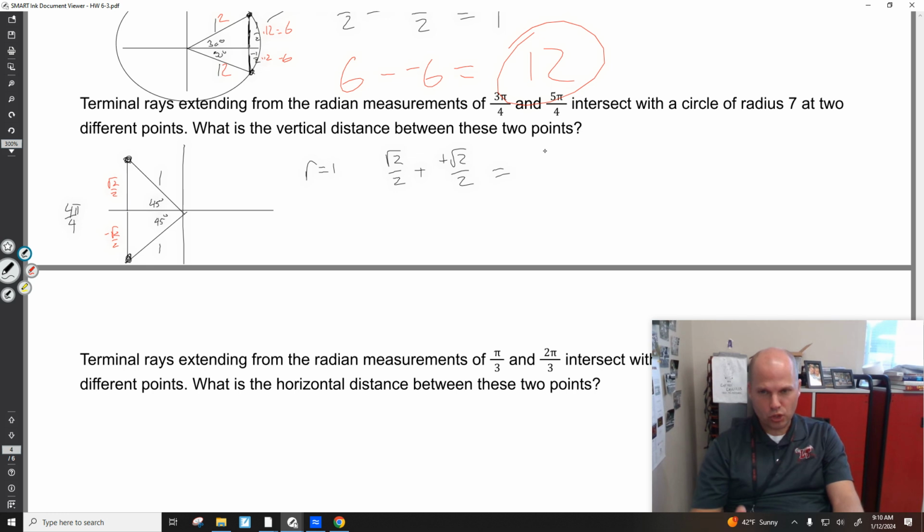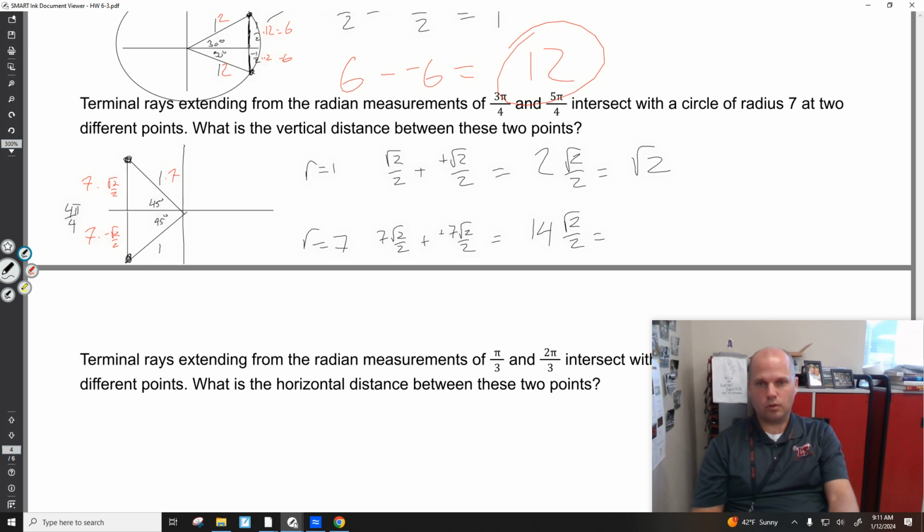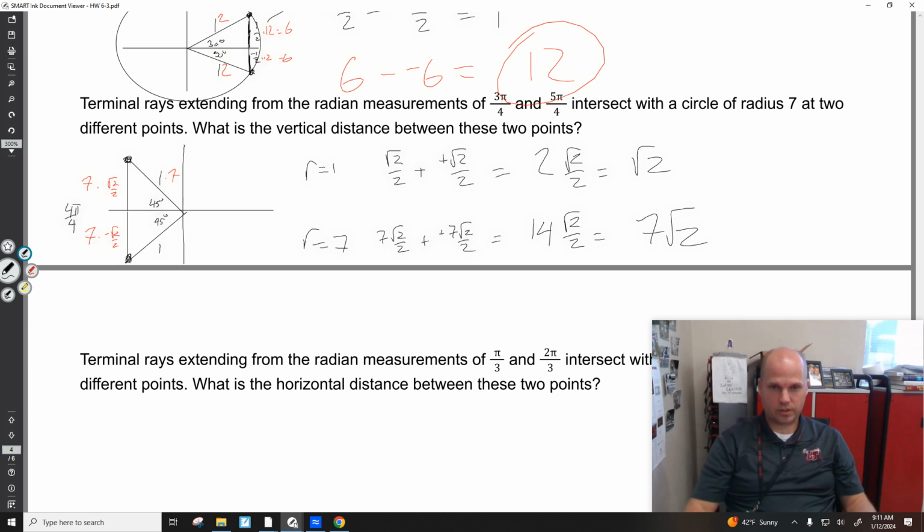Well, this is 2 root 2 over 2's, which is just root 2. Cool? If the radius was 7, we're going to multiply everything by 7, which means this is 7 root 2 over 2 plus a positive 7 root 2 over 2, giving me a total of 14 root 2's over 2, which is 7 root 2. That's the vertical distance.